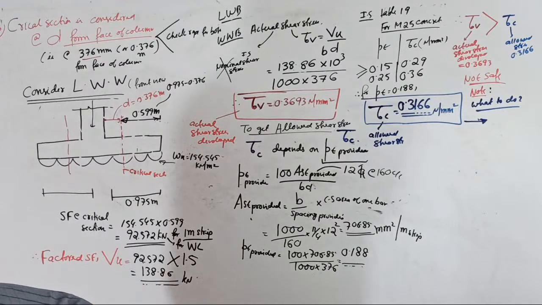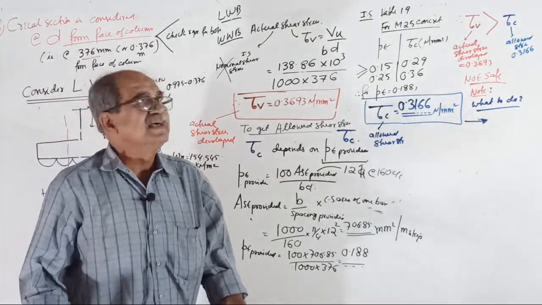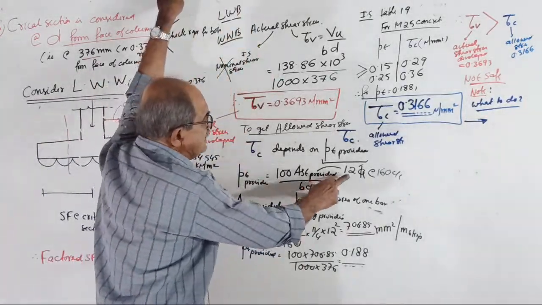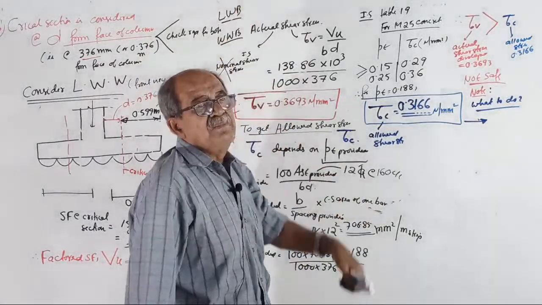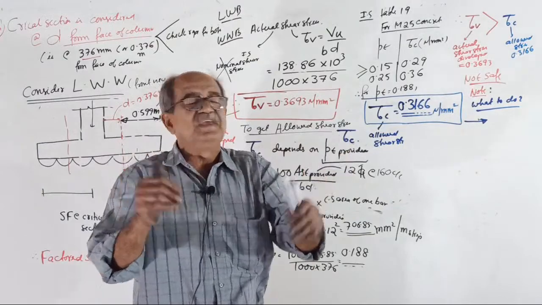When you increase the depth, these you have to write if you want. Not too much lesser, little lesser. Instead of 12 tor at 160, it may come 12 tor at 175. Means what? Little more spacing.